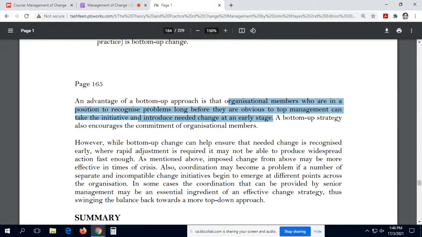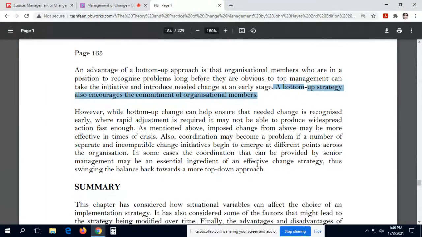So they have the first experience of the problem. And the people at the bottom, they will be making some changes and so on. And then the bottom up strategy also encourages the commitment of organizational members. Yeah, you can think about these things.